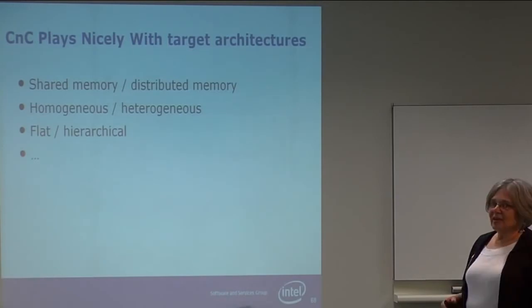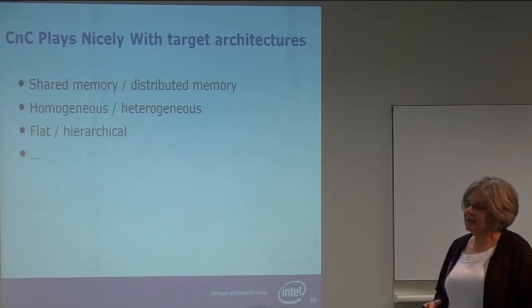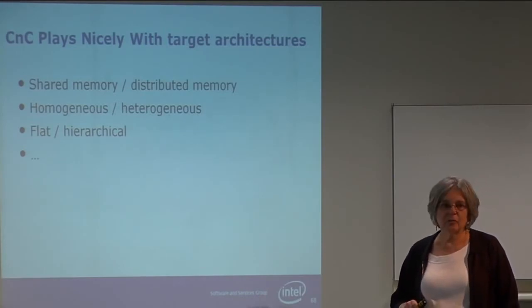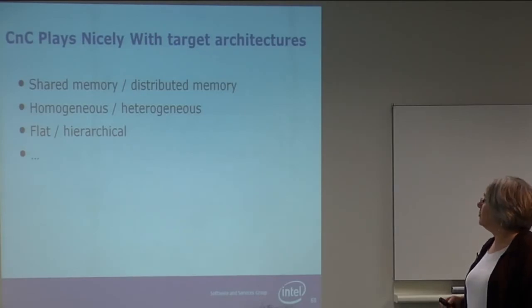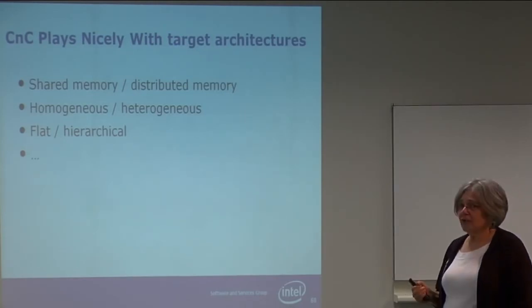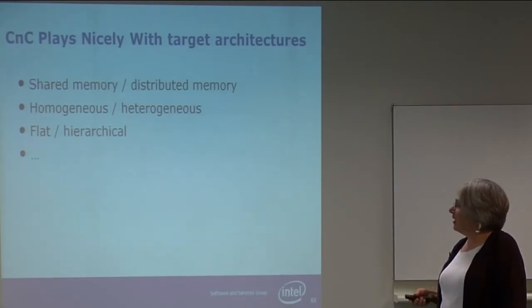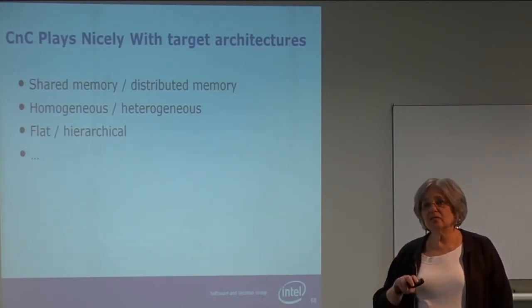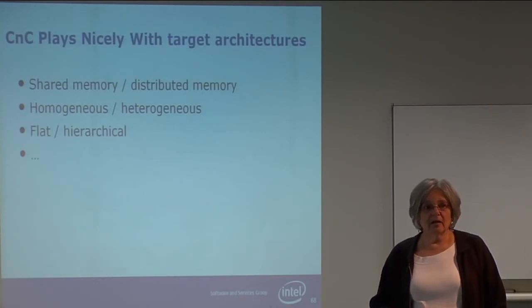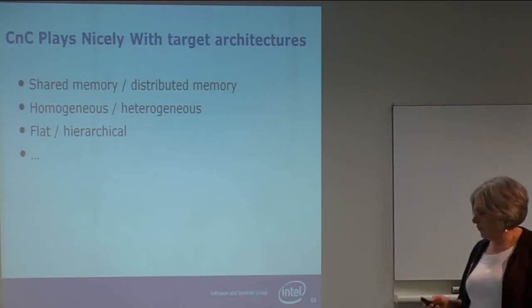It plays nicely with a lot of target architectures. So we at Intel have had a shared memory system. The current new release has a distributed memory system on it, homogeneous or heterogeneous, flat or hierarchical. We don't yet have a hierarchical CnC description, and that would work better when we do that.